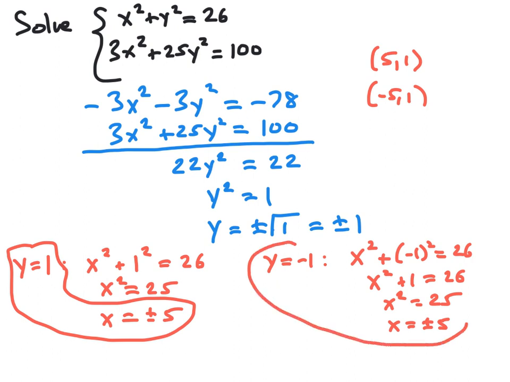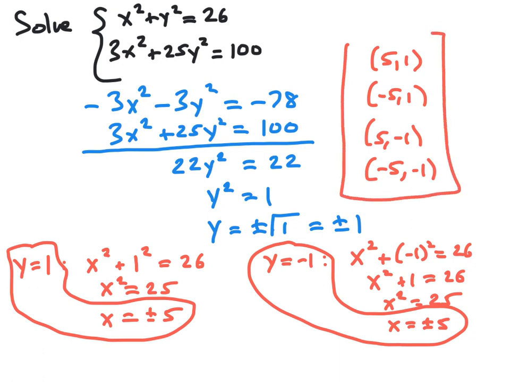And like in the first case, this gives us two possible solutions. We get the point (5, negative 1) and the point (negative 5, negative 1), sorry, again. So we end up with these four solutions to this particular system: (5, 1), (negative 5, 1), (5, negative 1), and (negative 5, negative 1).